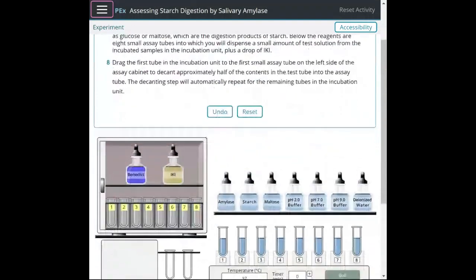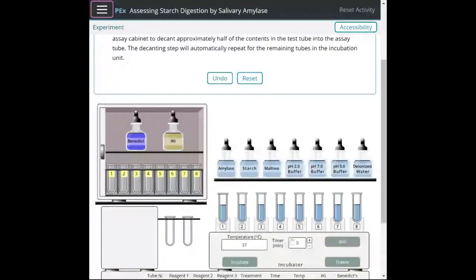All right, so I'm going to pour a little bit of our sample that we boiled into the test tube, and then it's going to pour a little bit into the test tube so we can test all of them.